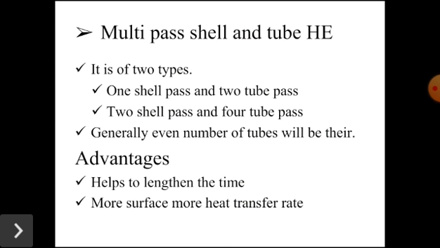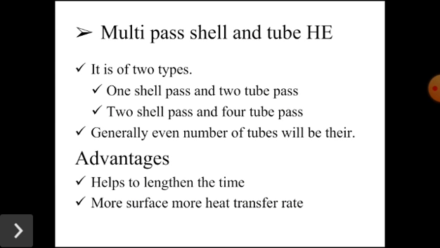You can understand it by seeing its types. One shell pass, two tube pass. Listen carefully here. One shell pass means there will be only one shell and two tube passes.